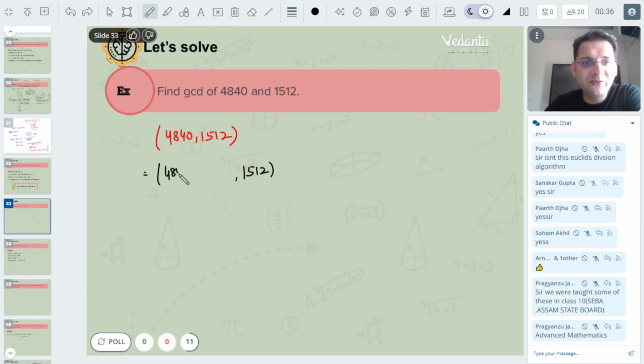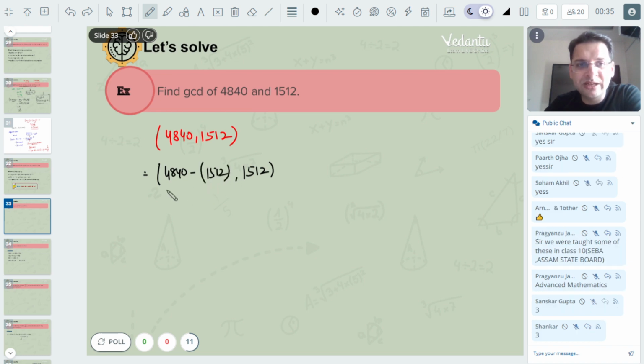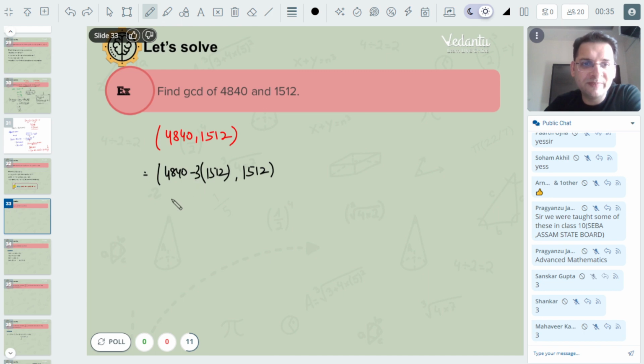So 4840 minus what times 1512, guys? What should I multiply 1512 with so that it becomes as small as possible? Perfect. So 4840 minus 4536. So it is 304. So this is same as GCD of 304 and 1512.